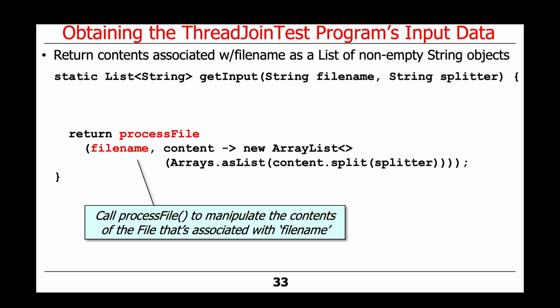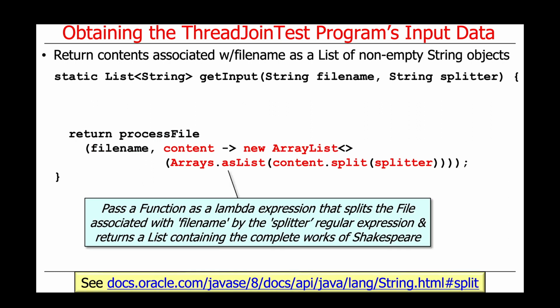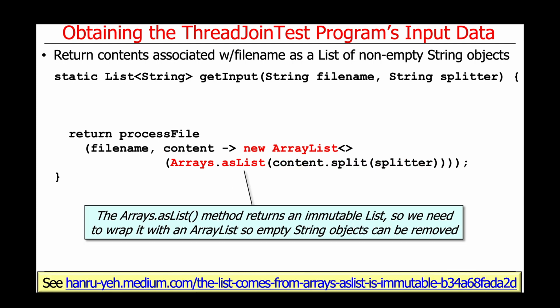The getInput method implementation leverages the processFile helper method we looked at earlier. When processFile is called, it's passed the file name as well as a function that splits the file associated with the file name by the splitter regular expression and returns a list containing the complete works of Shakespeare. Note that the Arrays.asList method returns a fixed-size list, so we need to wrap it with an ArrayList so empty string objects can be removed by processFile without throwing the UnsupportedOperationException.